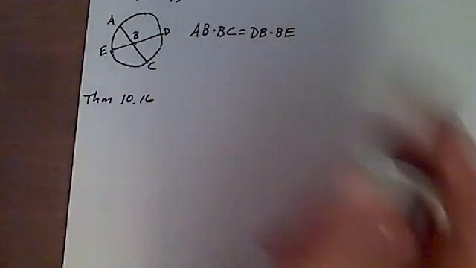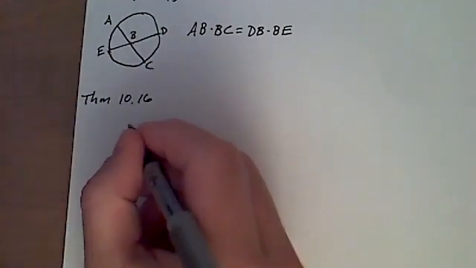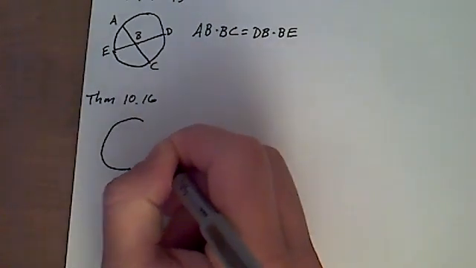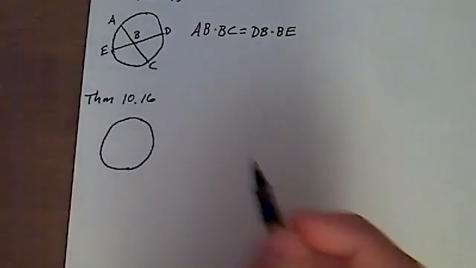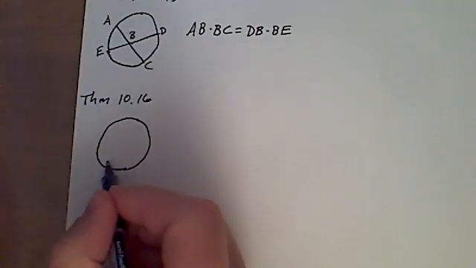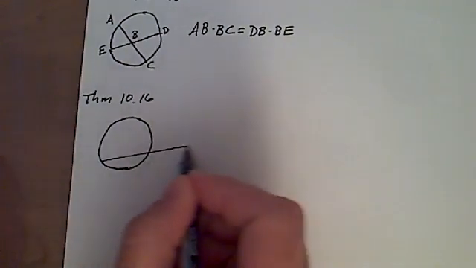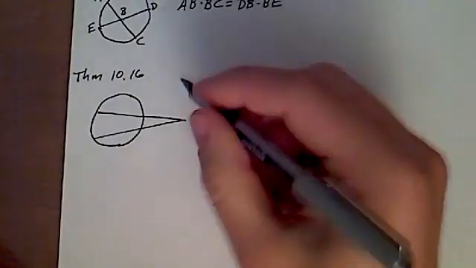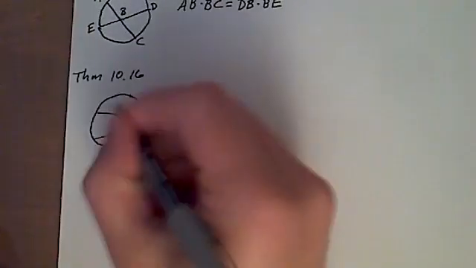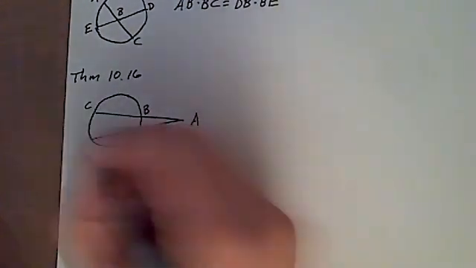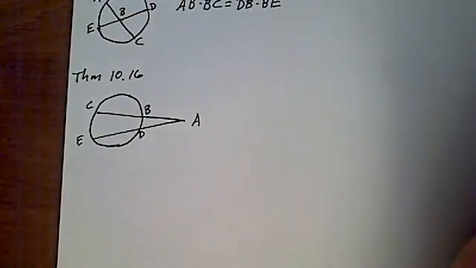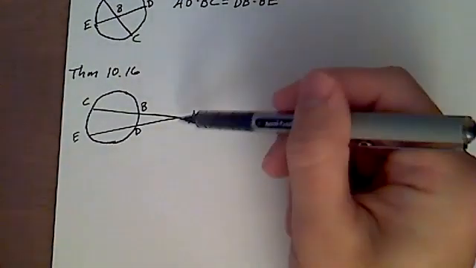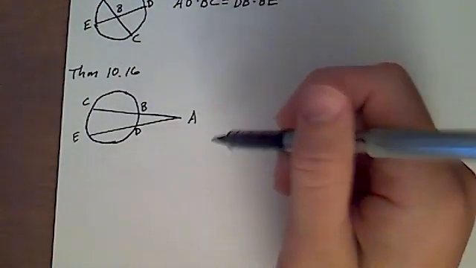The second theorem talks about segments that are secants and their segments. Now, this one is not a product of the two parts, not the way that it was on the last one.